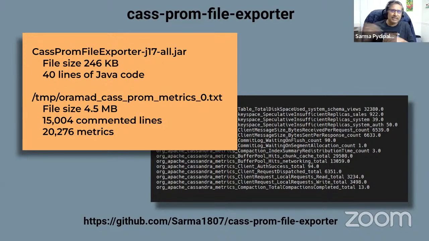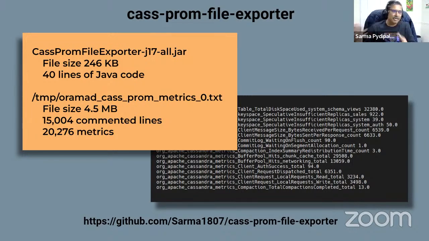The jar file is less than 300 kilobytes, with 40 lines of actual Java code inside that file. One thing to note here is this new instrumentation code does not work with Java 8 or 1.8.